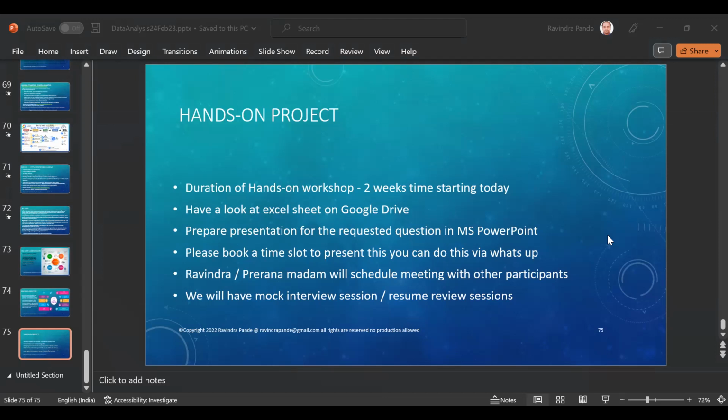Please work on questions like tell me about yourself, tell me about your current project, and what do you mean by data analysis? What are the 5 steps of data analysis, and so on and so forth. So please work on these 4-5 standard questions, and we'll see how we can have a mock interview like Harini ma'am gave last time, and then we can learn more from that. Whenever you have prepared, do let me know on WhatsApp, and we can have a mock interview session.